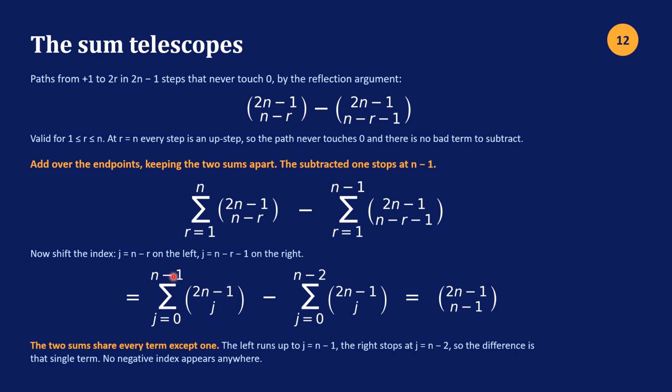And this goes from 0 to n minus 1. This goes from 0 to n minus 2. So everything cancels except for j equals n minus 1. In other words, this here. So we get a huge amount of cancellation. And that's our final result when we sum over r.